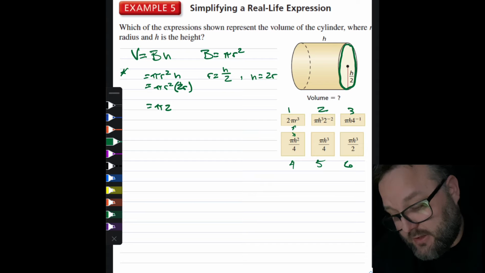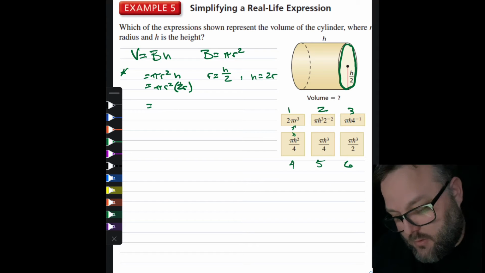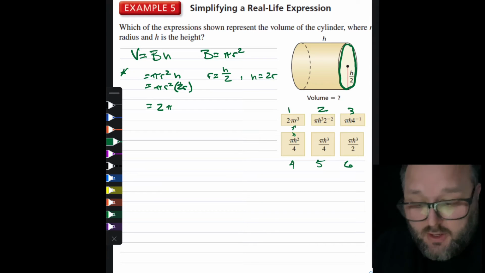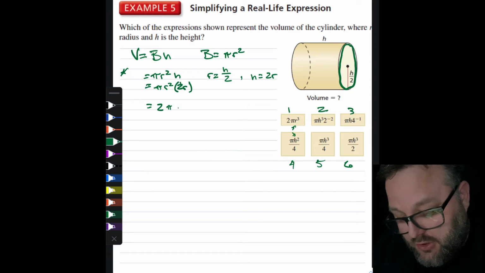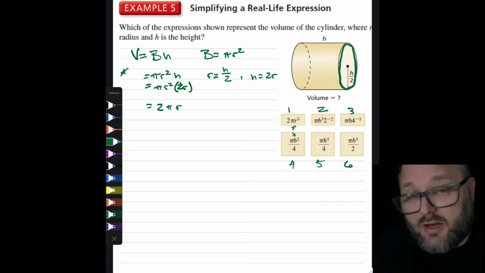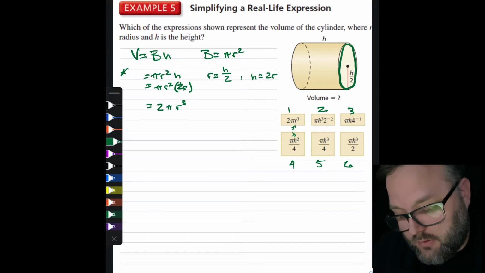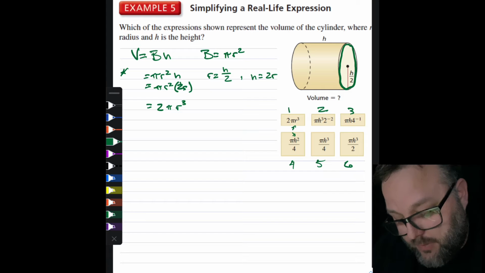And how we like to notate it in math is we like to have actual numbers, then any variables that represent numbers, then any variables we haven't defined yet. In this case, I haven't defined r with an actual number value, so it comes last. But this would have been r squared times r to the first, which is r to the third. So 2 pi r cubed.